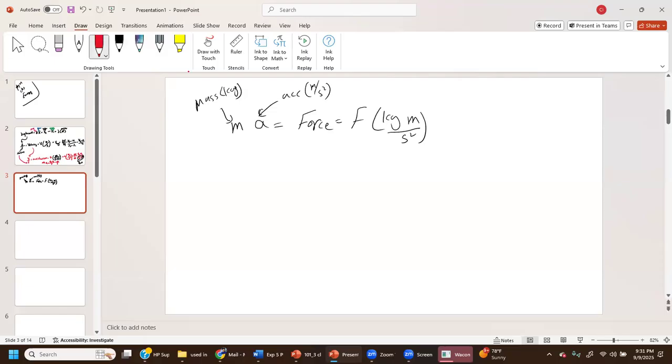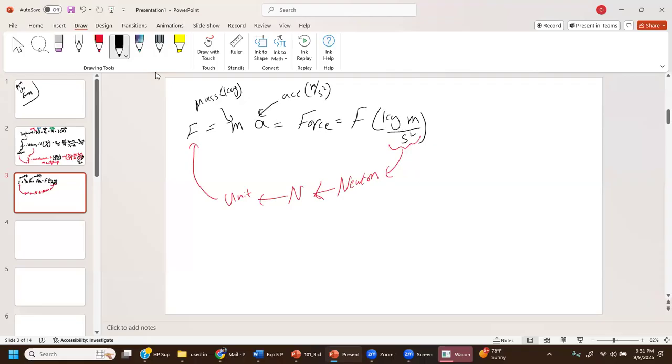And that's what we call the Newton, which we gave a letter N, which is our unit for the force. That's your mass times acceleration.